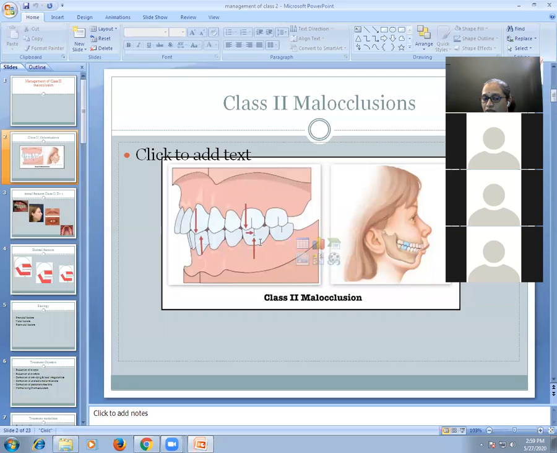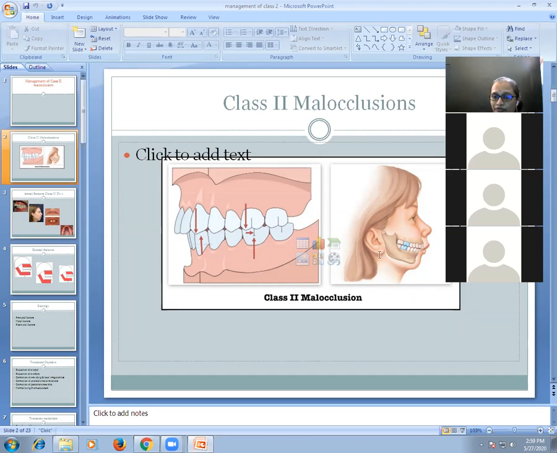There will be a narrow maxillary arch, and profile changes in class 2 malocclusion. That means the patient must be having proclined upper incisors or proclined maxilla. So there will be a convex profile. Everybody is aware of profiles.